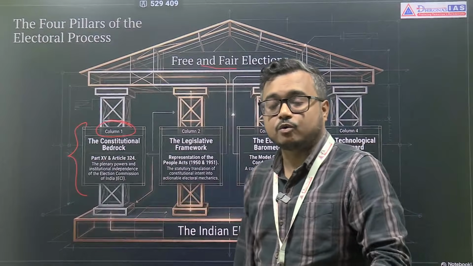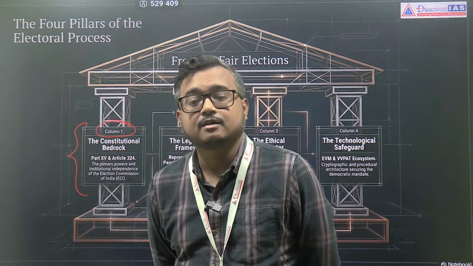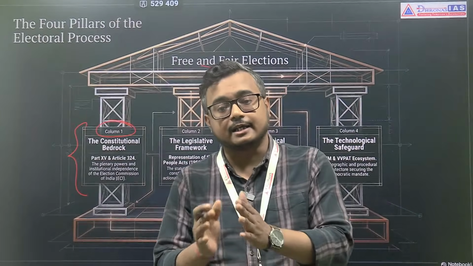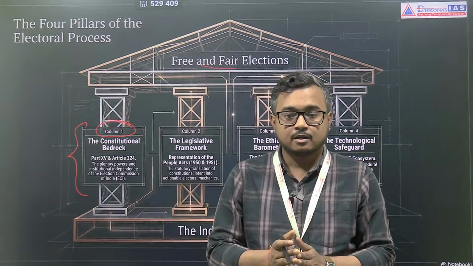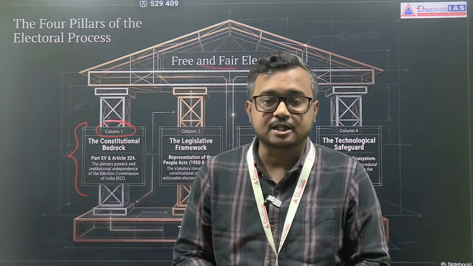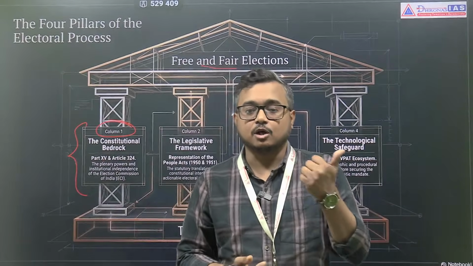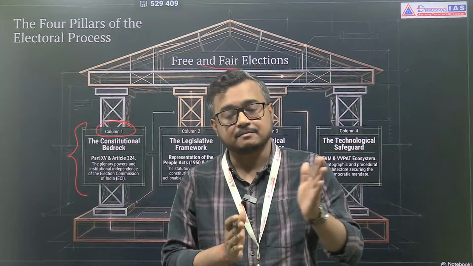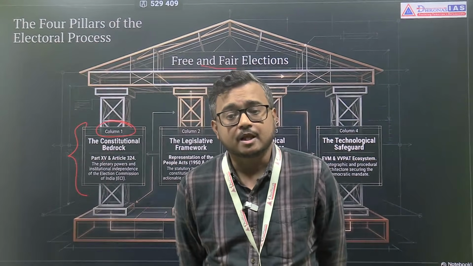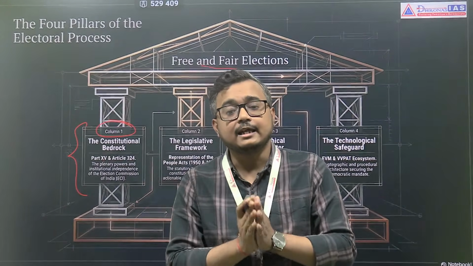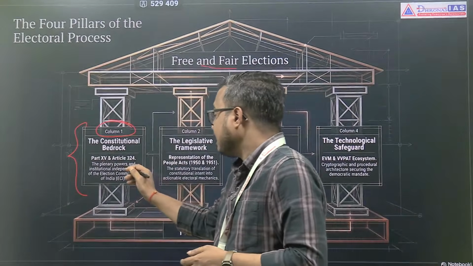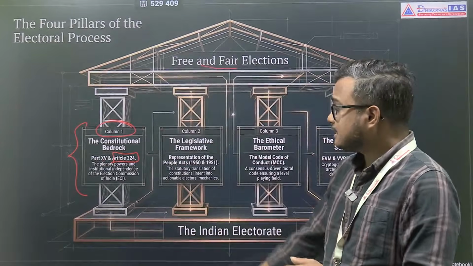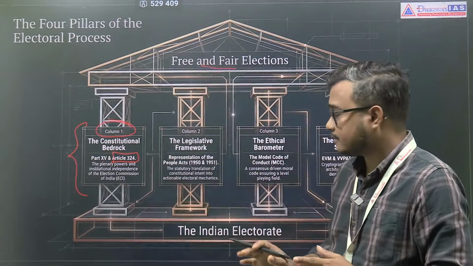Under Article 324, we have a dedicated, separate Election Commission in charge of conducting elections all over India: the president election, the vice president election, elections to the Lok Sabha and Rajya Sabha, as well as the state assembly and state legislative council. All these elections are conducted by the Election Commission of India, empowered under Article 324. That is the constitutional column.